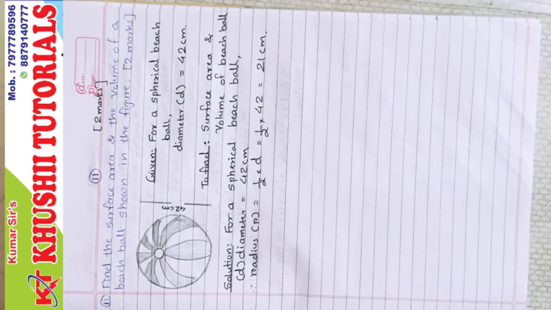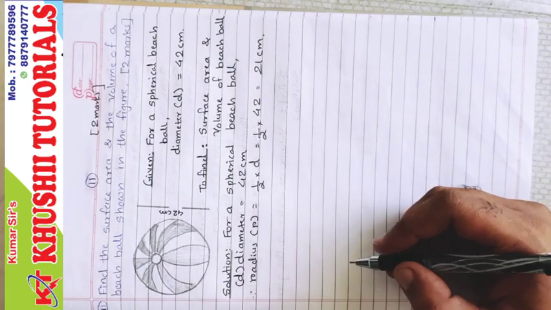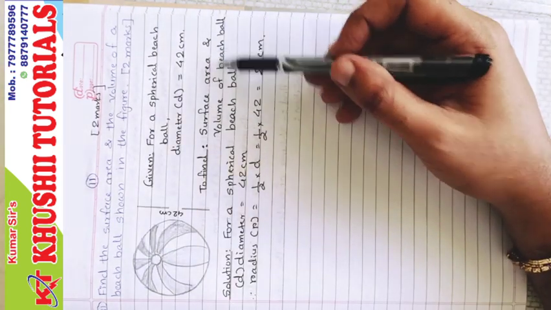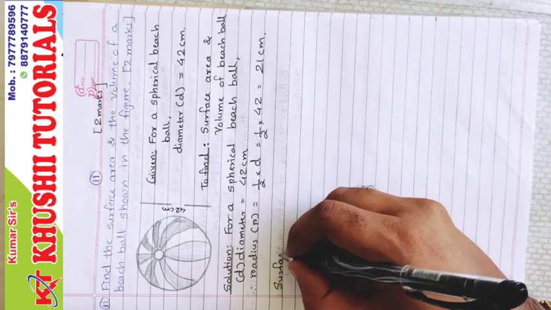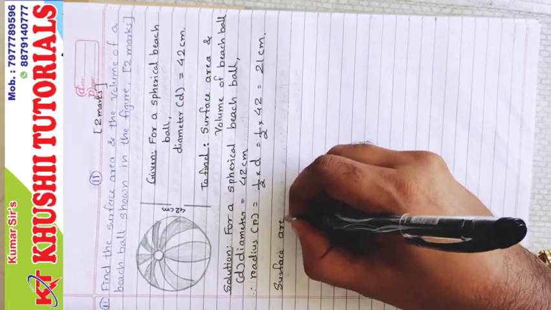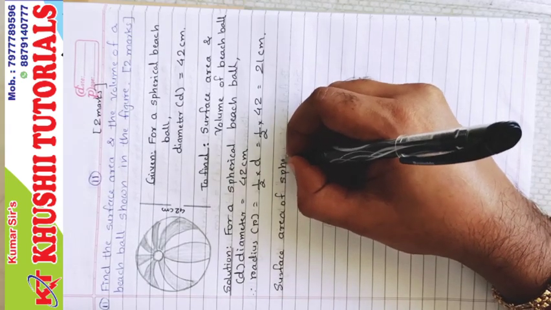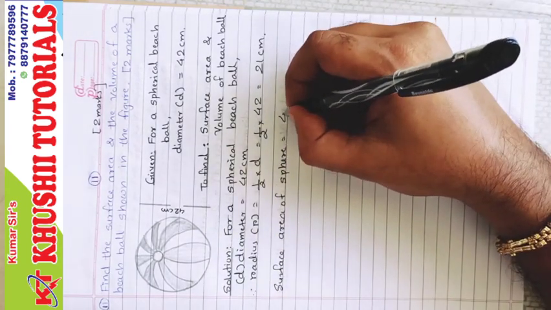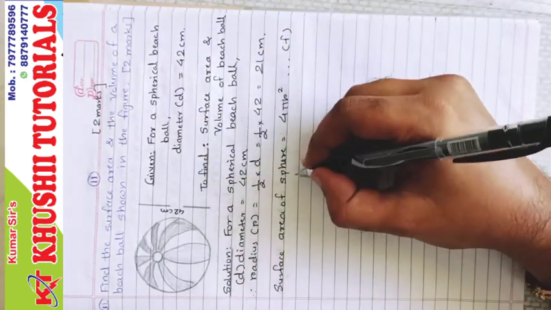The next one, we need to find surface area and volume. Surface area of sphere, 4 pi r square, and that is formula.